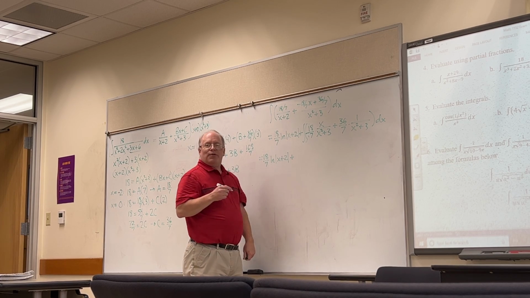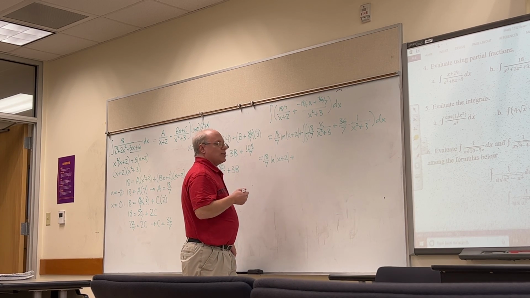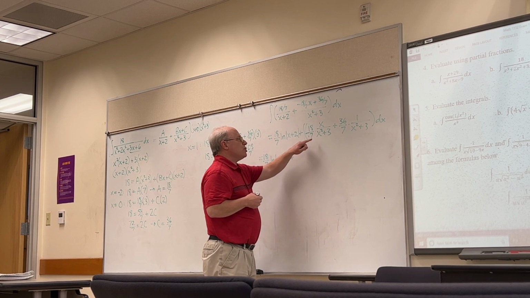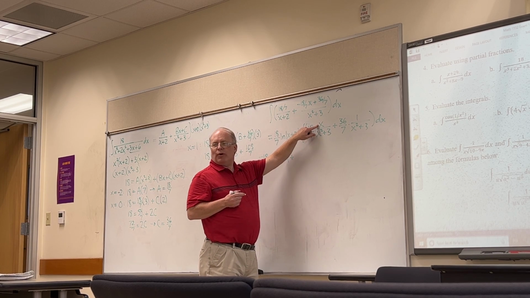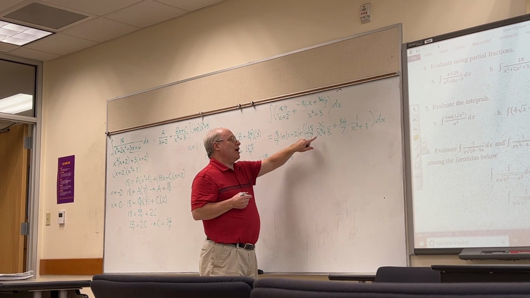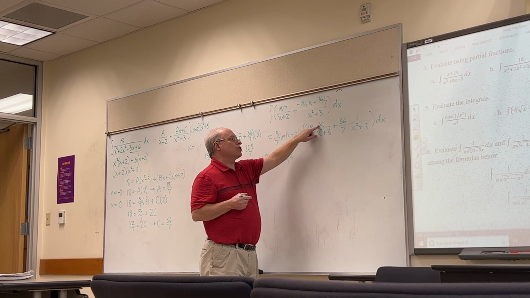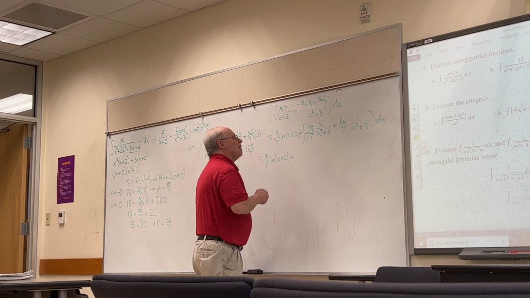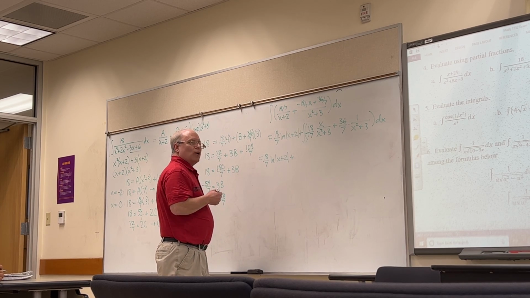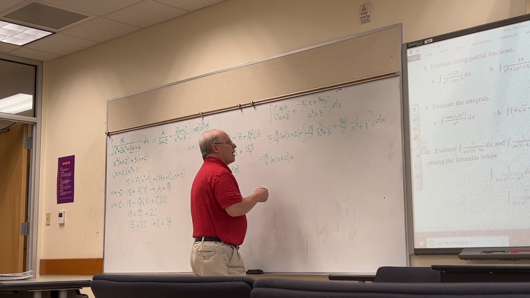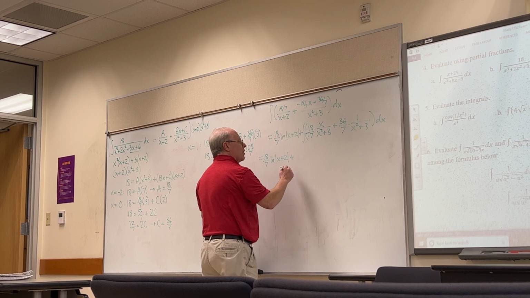Well, it is going to involve the natural logarithm of x squared plus 3. But in order to do that, what do we have to have in the numerator? Yeah, you have to have the derivative of the denominator. So what is the derivative of x squared plus 3? Right, so you're going to have 2x in the numerator.